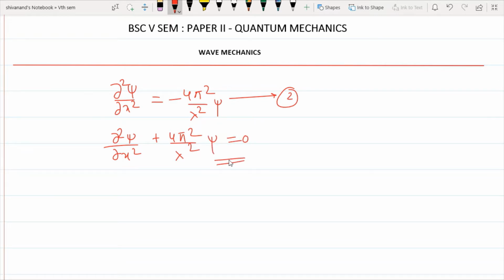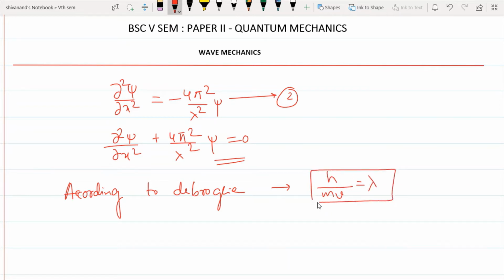Now, according to the de Broglie hypothesis, a body which possesses a mass with velocity should possess a wavelength λ = h/mv.